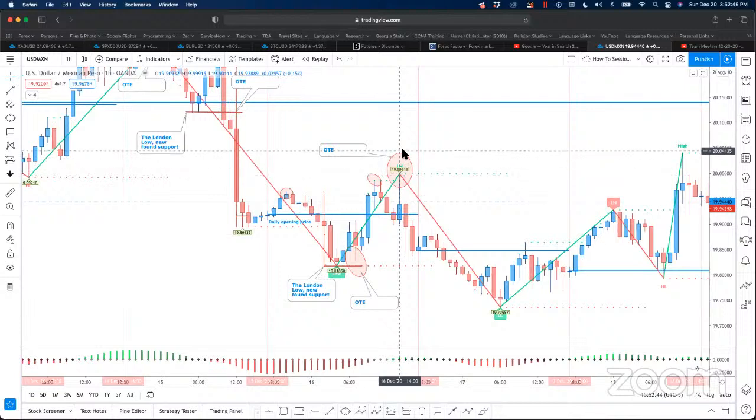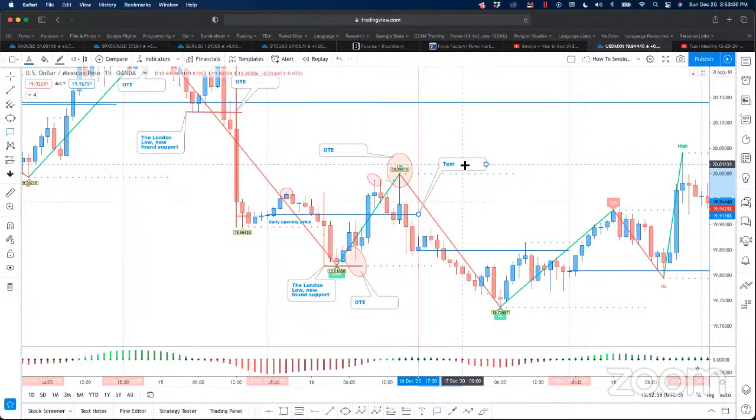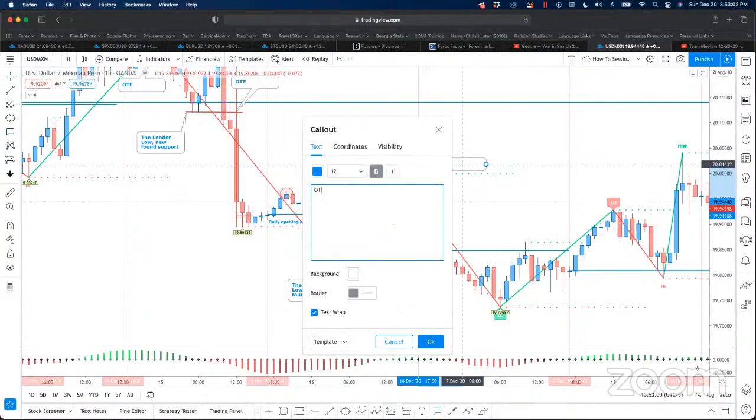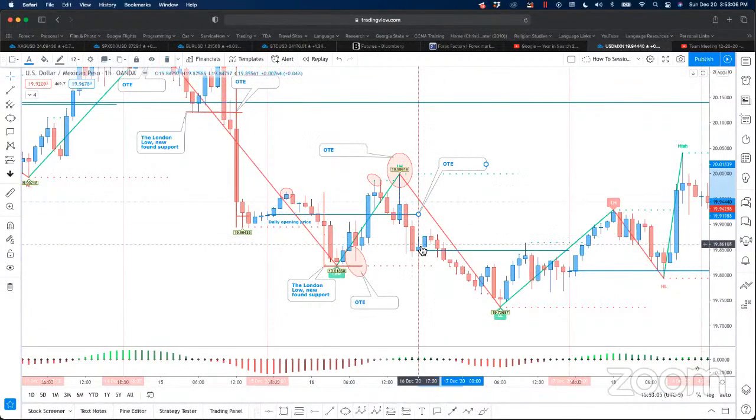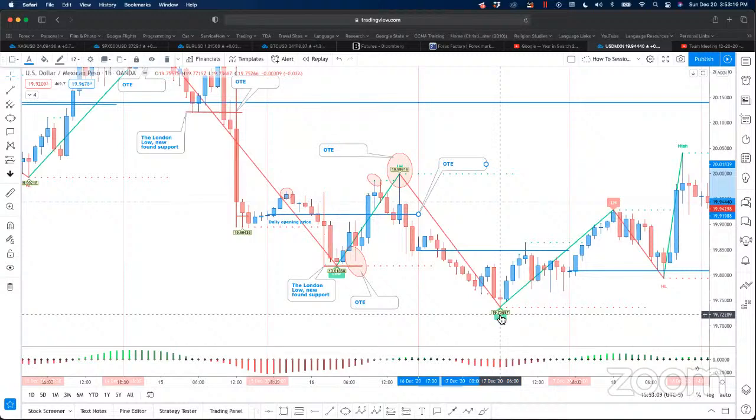And then in the moment, maybe you don't feel comfortable taking this from that point at the top. You have an optimal trade entry here, trading the break below the opening price, and you can continue down for this trade, right?